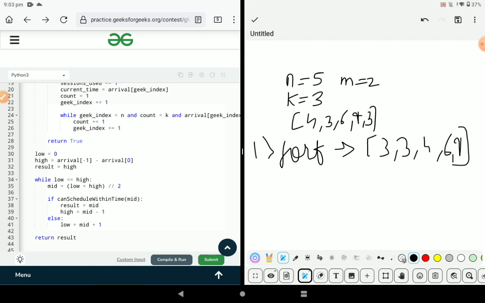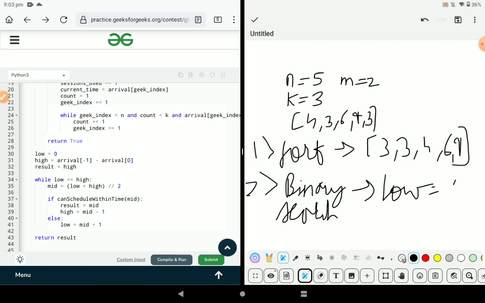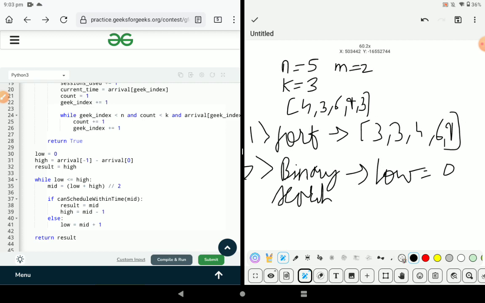Then we will use the binary search initialization. We will set low to 0, and high to the difference between the latest and earliest arrival times.